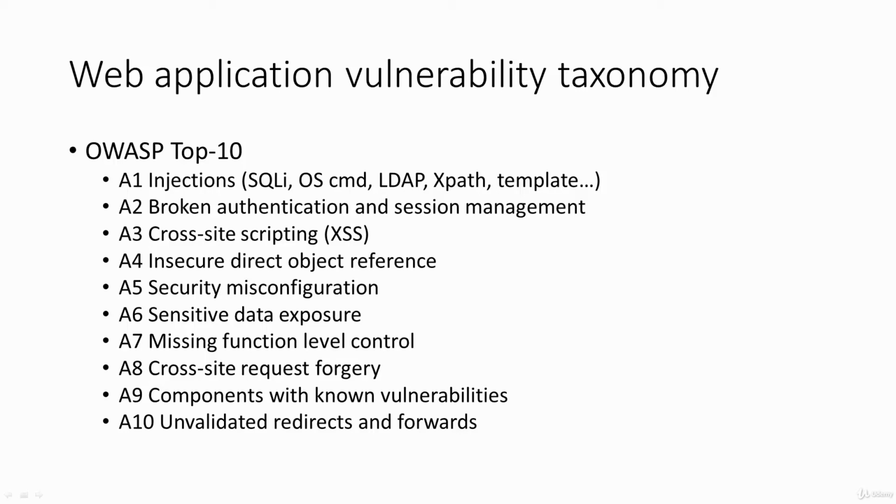The seventh category, missing function level control. That's quite tricky, I would say. So let me explain that by an example. Let's say you have different roles in a web application. There is an admin and there are users, just the business users of the web app.